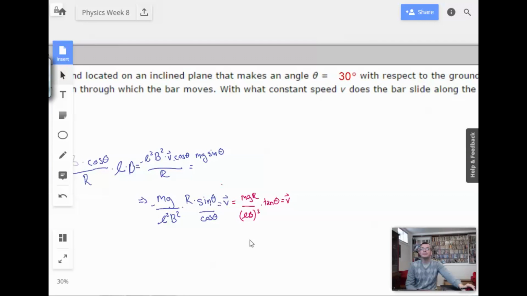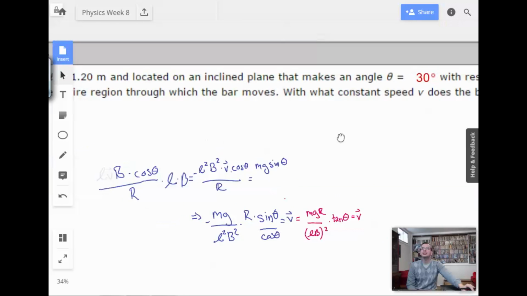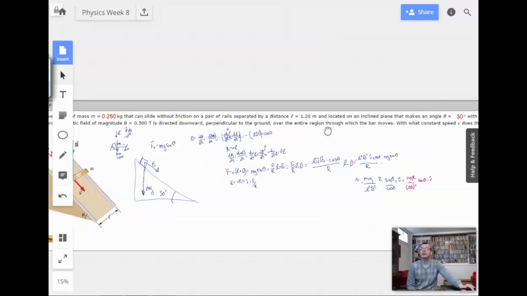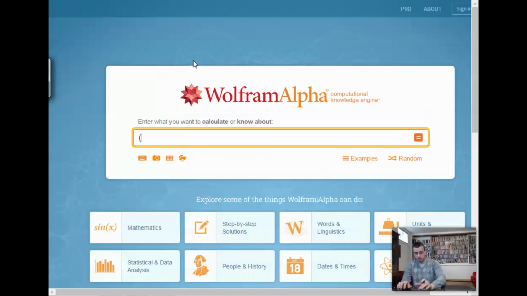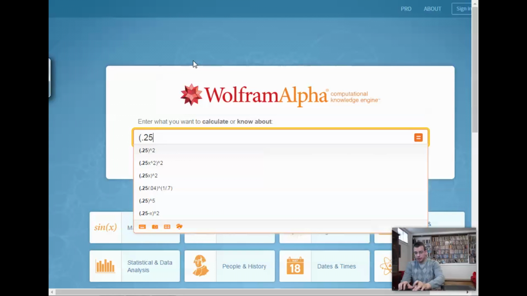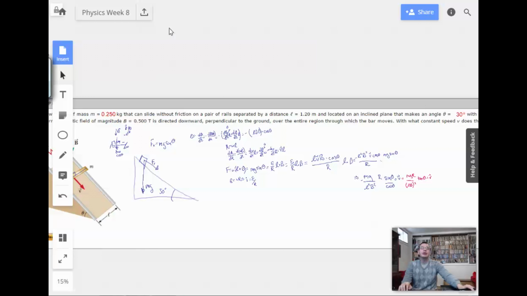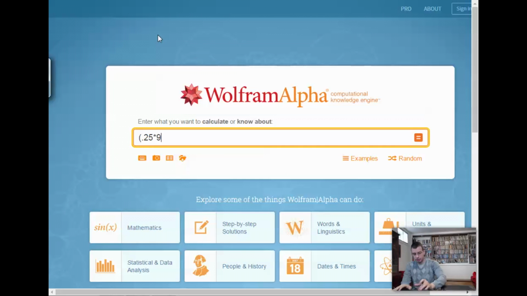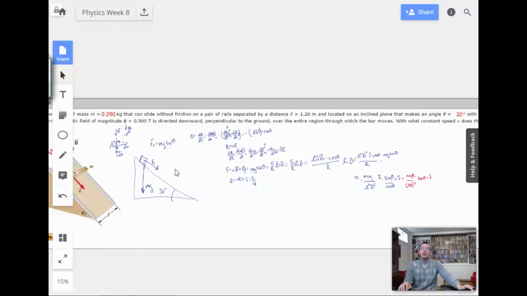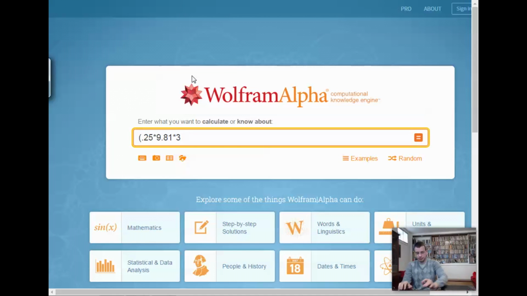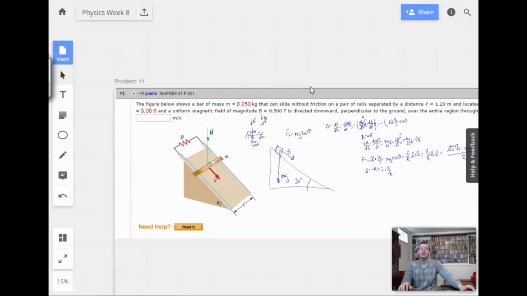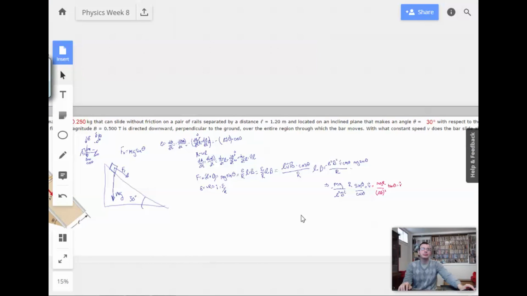Maybe. Alright. So, mass is 0.25. So I'm going to do it this way: 0.25 times gravity, 9.81. Resistance, 3, times tangent of 30, pretty sure it's 30 degrees.